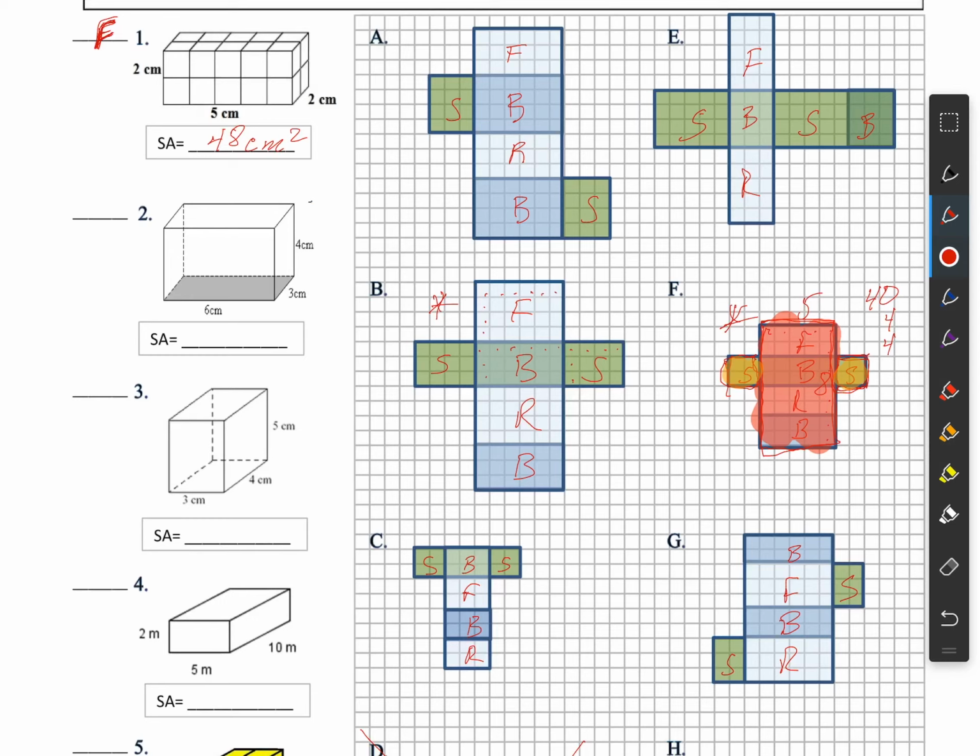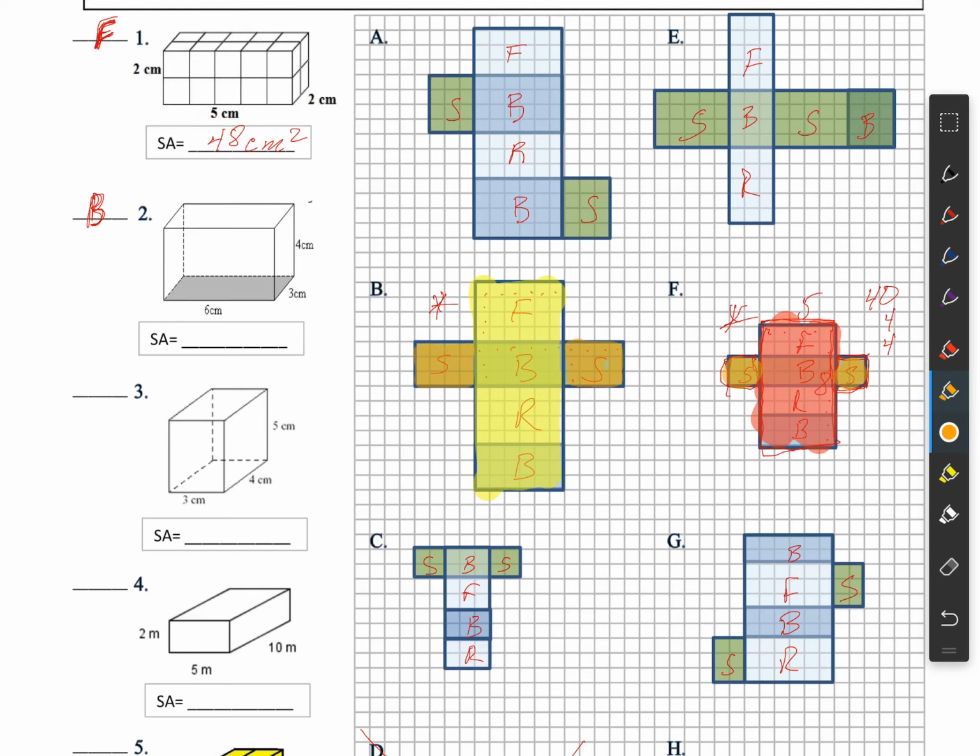Okay, so number 2 has a net that is B. Again, we're going to find the surface area following the same concept. I'm going to shade that in first. Go yellow this time. So I can find the area of this larger rectangular region, and then I'm going to find the area of these 2 smaller ones.